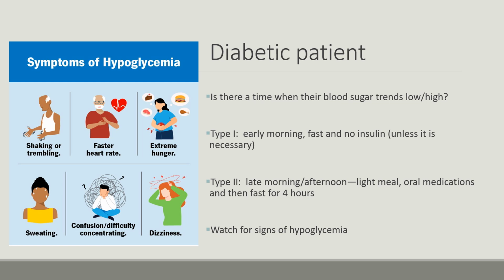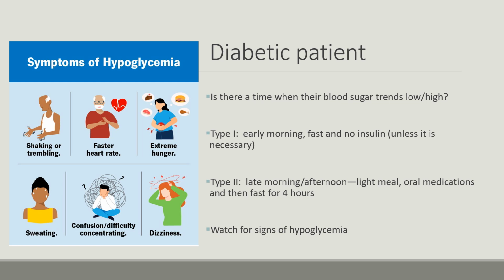So in diabetic patients and patients that are prone to hypoglycemia, it is important to watch for that. Is there a time when blood sugar trends high or low? Something that you should ask the patient. For type 1 diabetics, early morning fasting and no insulin unless it's necessary. For type 2 diabetics, scan them in the late morning or early afternoon.